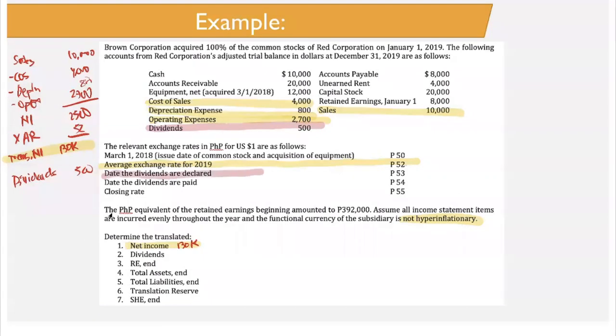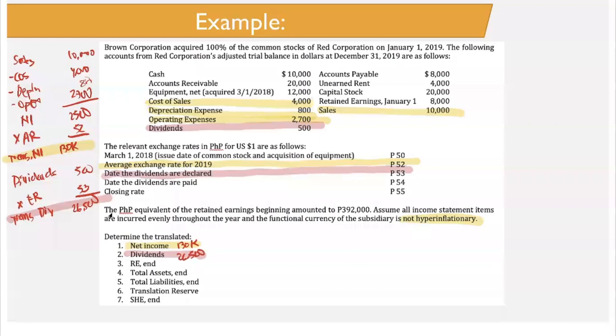So date the dividends are declared, we have here 53 times your exchange rate, 53. So what is our translated dividends? 500 times 53 is 26,500. So our answer for translated dividends, 26,500.